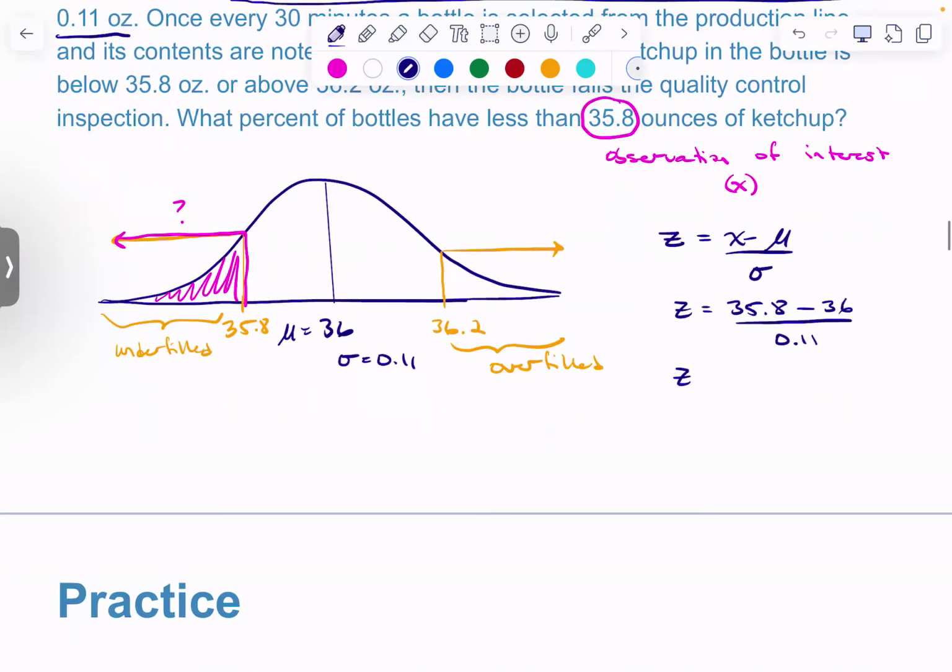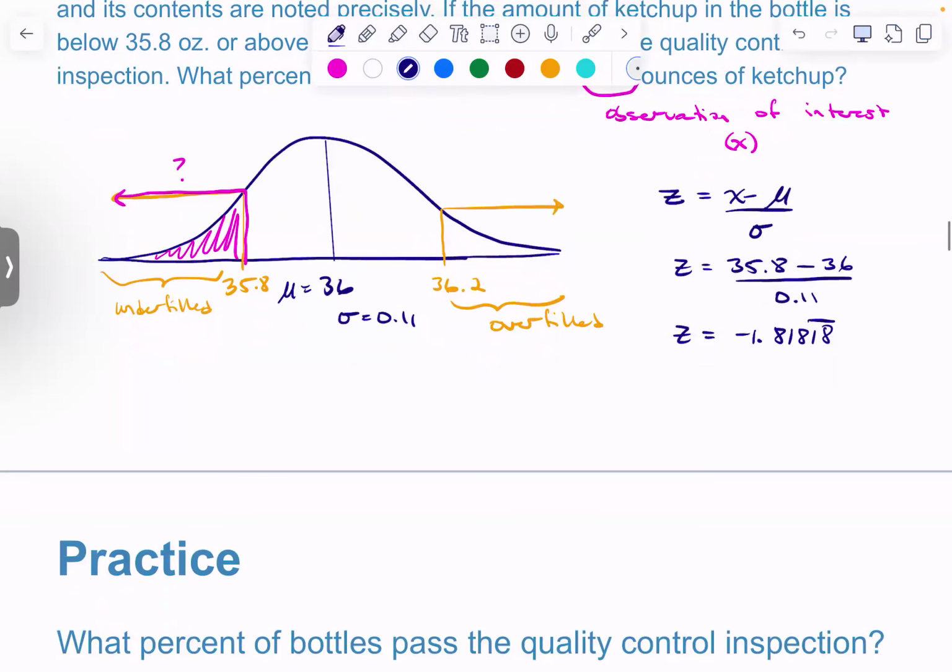I get Z is negative 1.81818, repeating. That's technically true, and software would be able to give you a probability associated with that repeating number, but the table cannot. We need to round to 2 decimal places properly. Z is roughly negative 1.82.